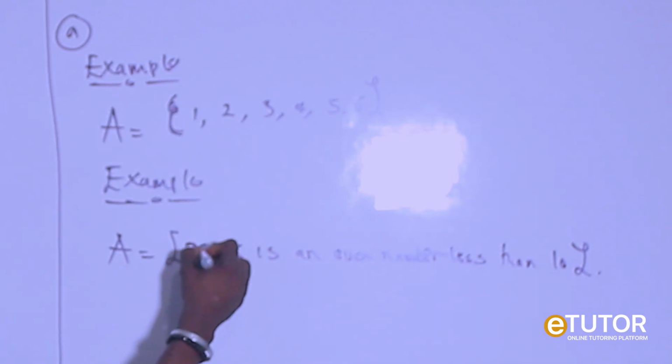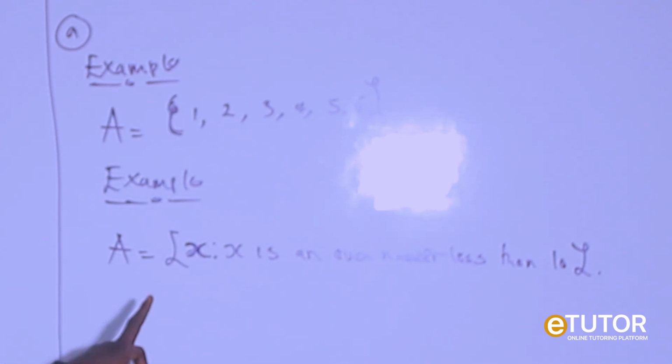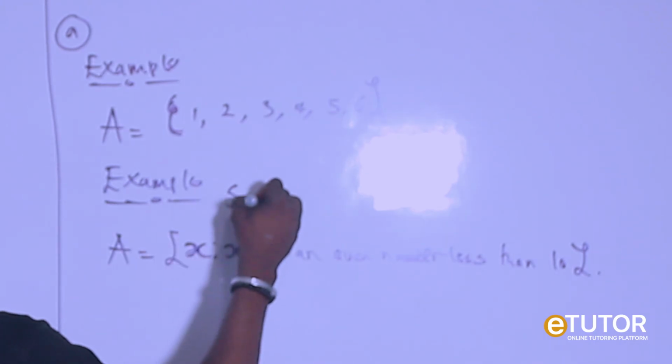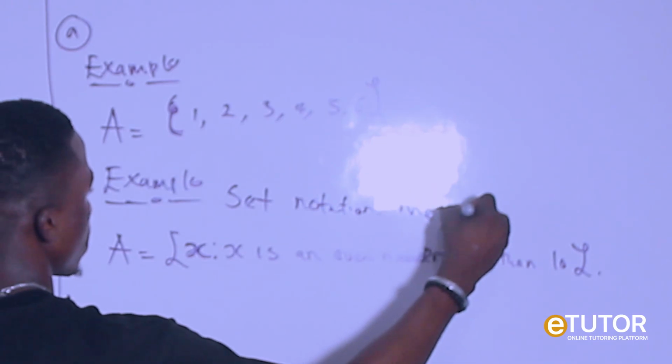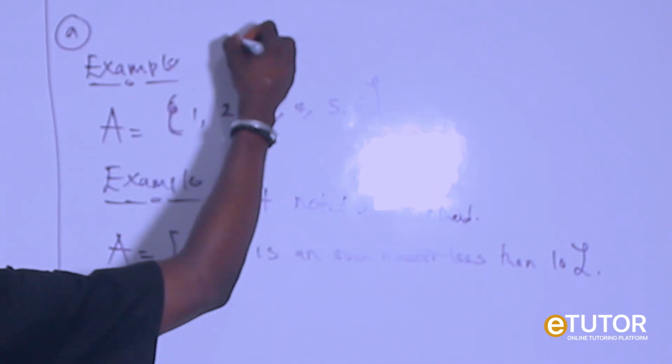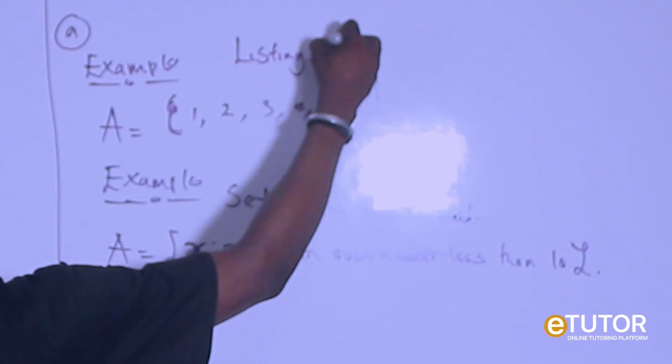This is the set notation method, while this is the listing method.